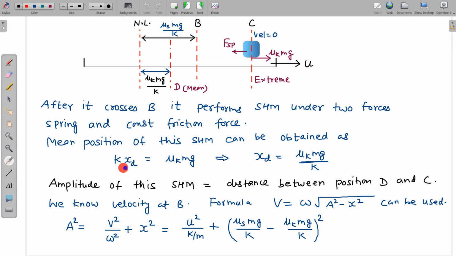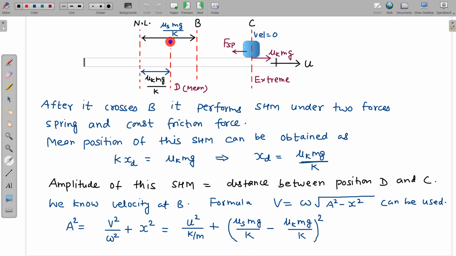Equate the spring force with mu k mg, the kinetic friction force, and you will get the extension in the spring at the mean position. I denote this position by D. So this is the mean position for this SHM.